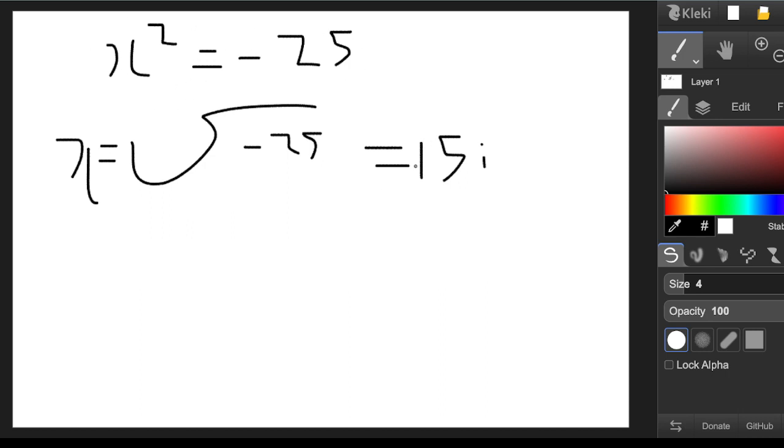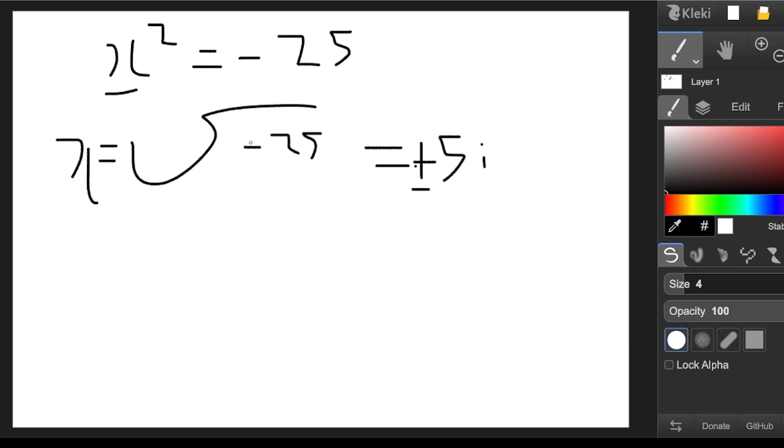So don't forget to put the plus or minus in your answer choice, because some students might forget it, and that may make them lose some points. If you're solving for x squared equals negative 25, the answer will be plus or minus 5i.